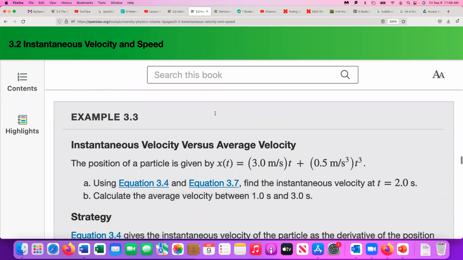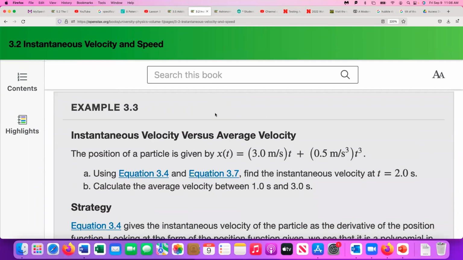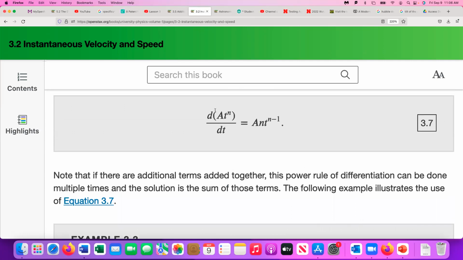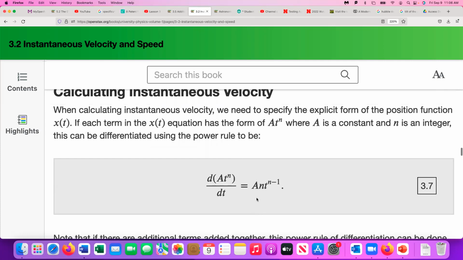And in this example here, example 3.3, they have given us a function for a particle. The function is a position function. It doesn't tell us velocity, it tells us position. But we can calculate the velocity from this position because of this formula here, which tells us that the derivative of the position function is equal to the velocity function.